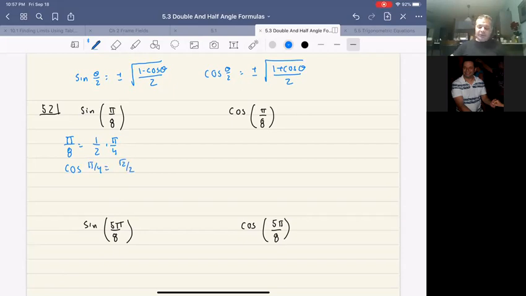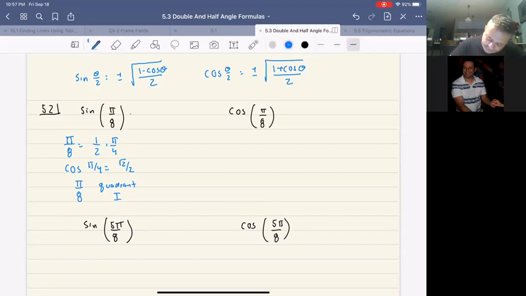Now, pi over 8, we know that's in quadrant 1. You could do it by converting or just knowing. Determine that for yourselves. And then we can get the signs, by signs I mean plus or minus, from knowing that our answer should be in quadrant 1. In quadrant 1, both sine and cosine are positive.